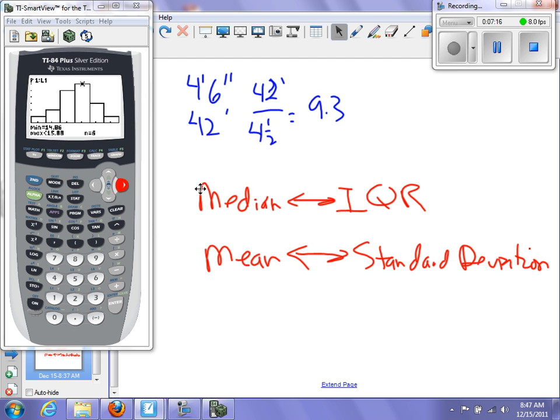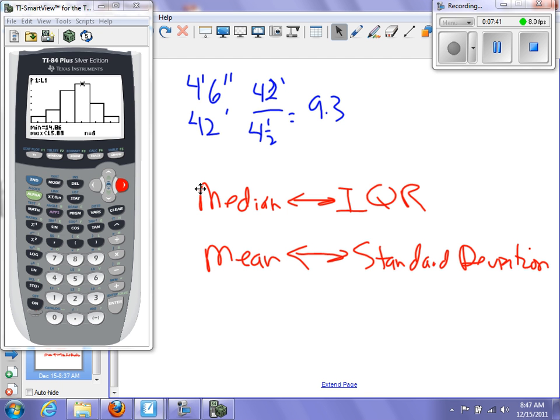The normal model gives us more information than, say, a box plot. The normal model is really nice because amazingly enough, data in the real world tend to fall that way. It gives you all this extra information that you can't get from IQR and median in a box plot. Sometimes you just have to settle for IQR in a box plot because your distribution is skewed or it's bimodal or whatever reason.